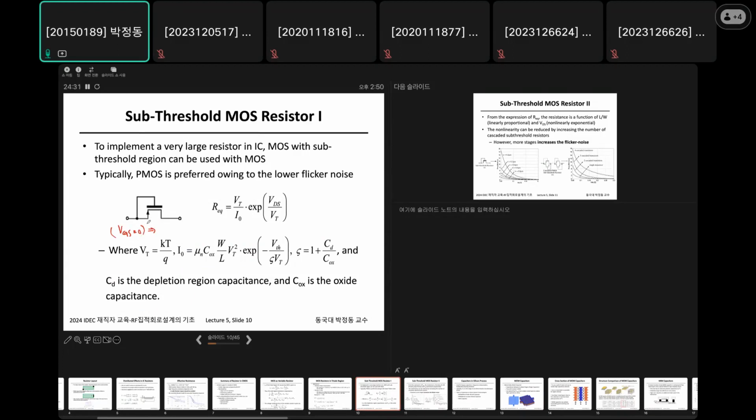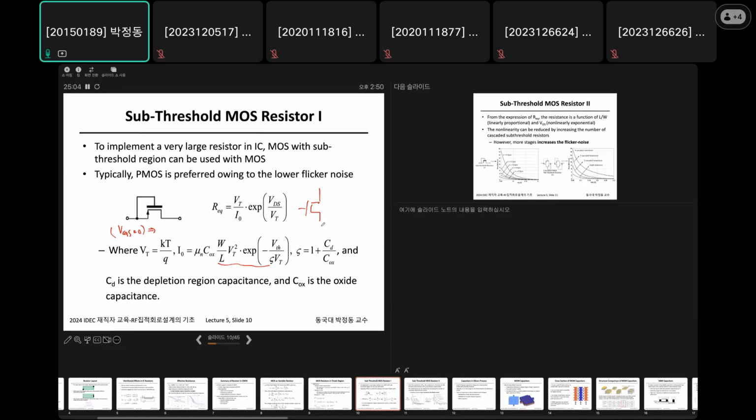Here R equivalent is VT divided by I0 exponential VDS divided by VT, and I0 is just mu Cox W over L VT squared exponential minus V threshold over zeta VT. This is just if you operate the MOSFET in the sub-threshold region.